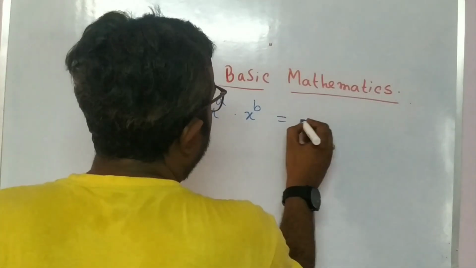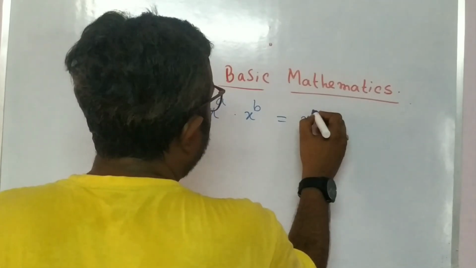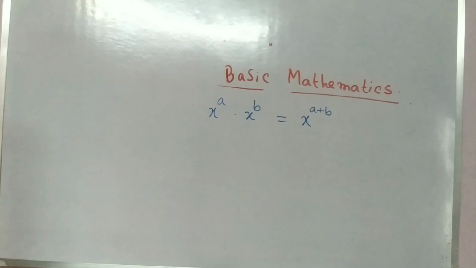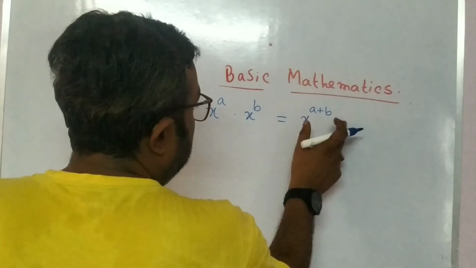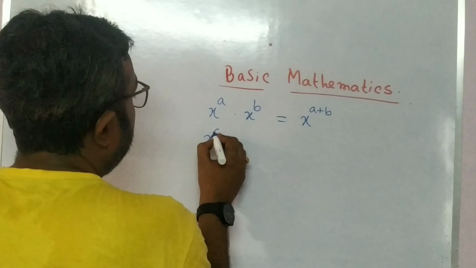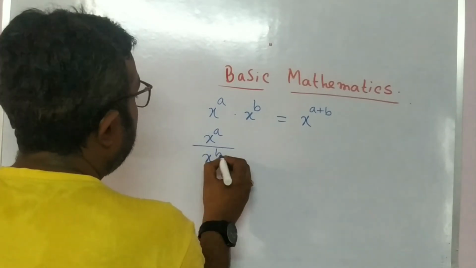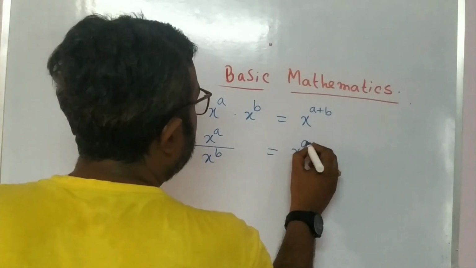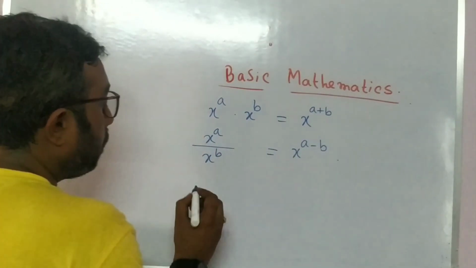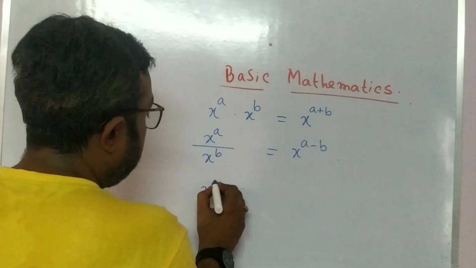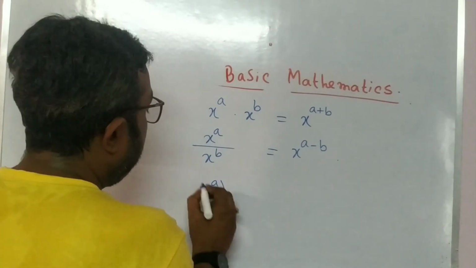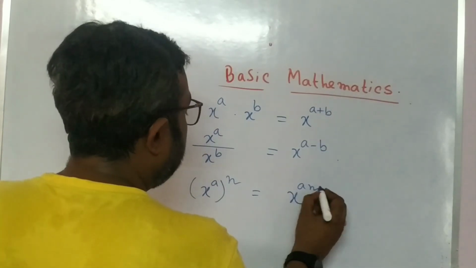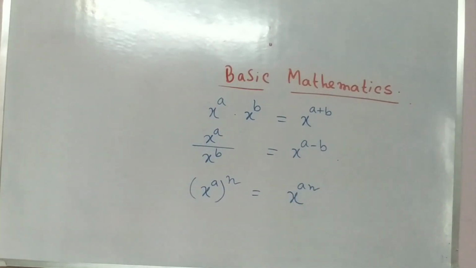Now you just add the powers of these two functions. If you want to divide and the base is same, now you just need to subtract the powers. If you take x to the power a whole to the power n, just simplify this one.